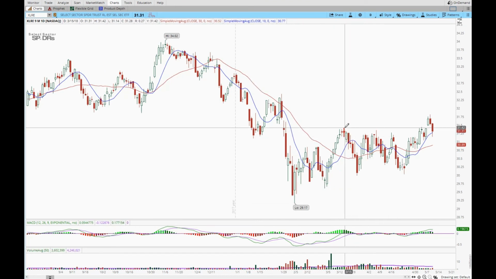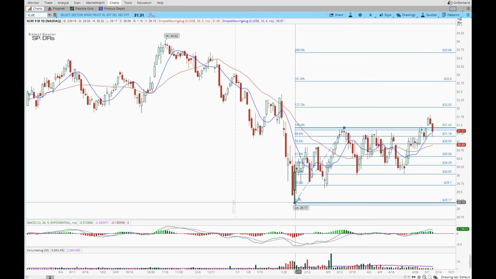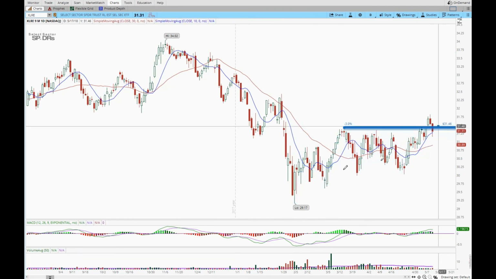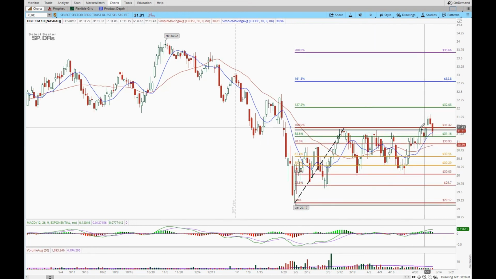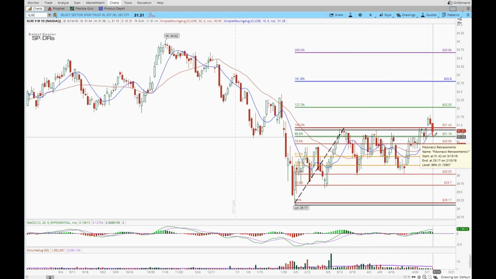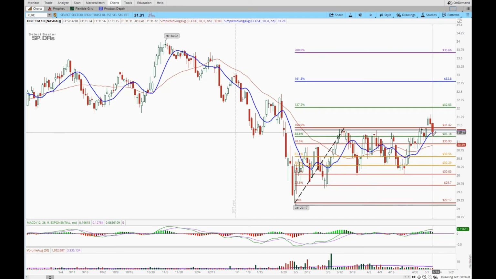If we see this move from this point to this point, we'll see that it tried to break support here, but then came back and found support here at 31.16. 31.15 was the low on this day, but 31.16 was the fib, so kind of right at this area.